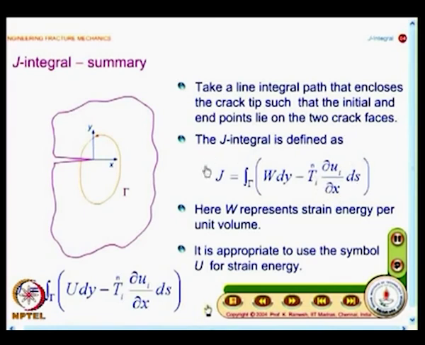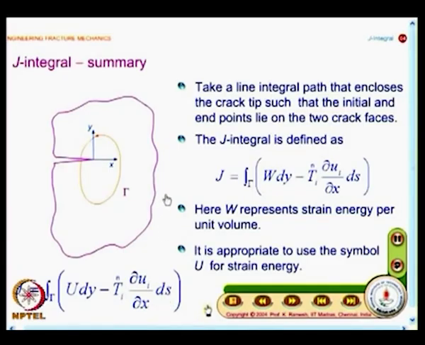This is how you see in books. I would prefer to draw your attention that it could be written better this way. Instead of W, put it as u dy minus Tni multiplied by dou ui dou x into ds.